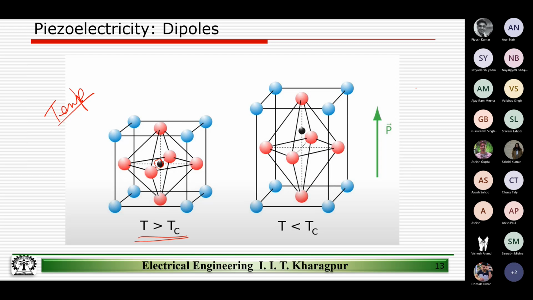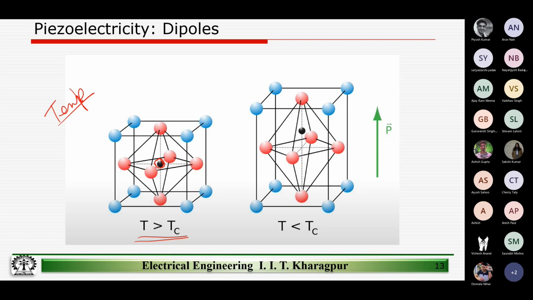This guy is sitting right bang in the center of the cubic structure. So for a temperature more than the Curie temperature, because this guy is sitting right in the center, there will be no net dipole formed above the Curie temperature.